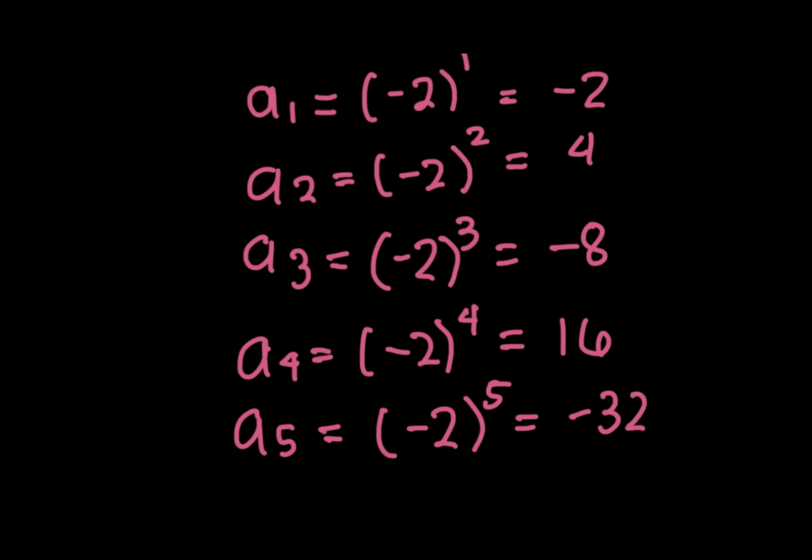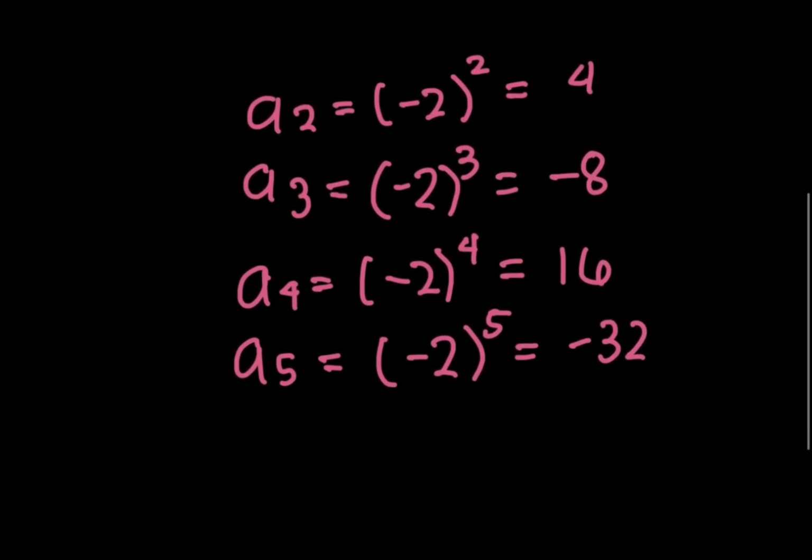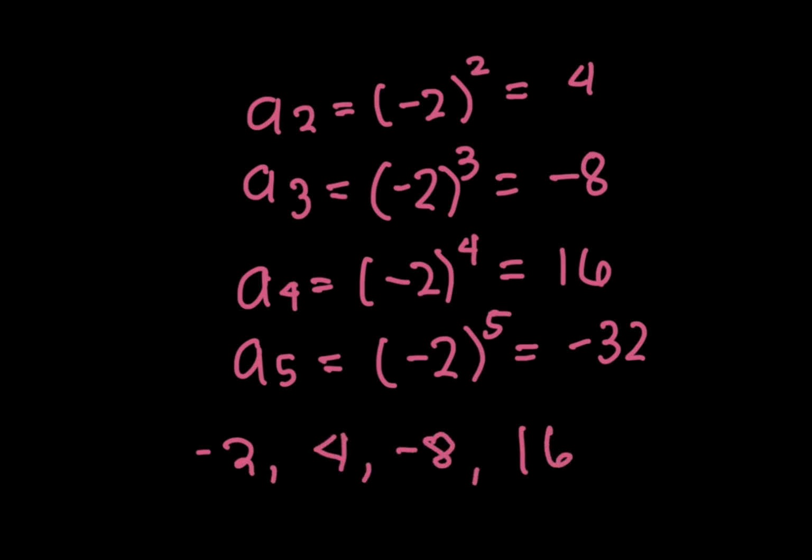So our first 5 terms for this sequence are negative 2, 4, negative 8, 16, and negative 32. And you can notice how the signs alternate back and forth between negative and positive. So that is an example for alternating signs.